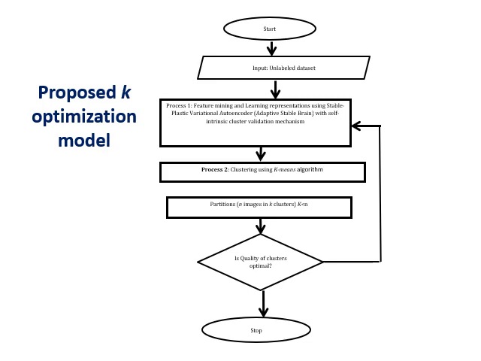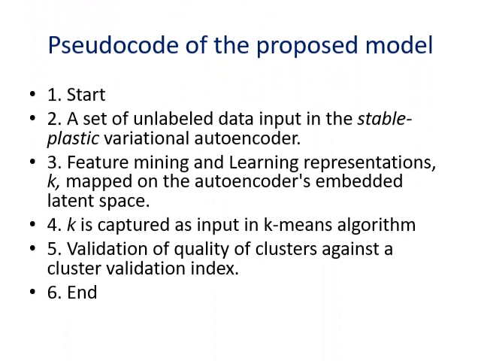Next is a pseudocode based on the proposed model. After starting, the set of unlabeled data is input into the stable plastic variation autoencoder. What is the stable plastic variation autoencoder doing? It is trying to mine high-level features, as we said, from that set of unlabeled data.